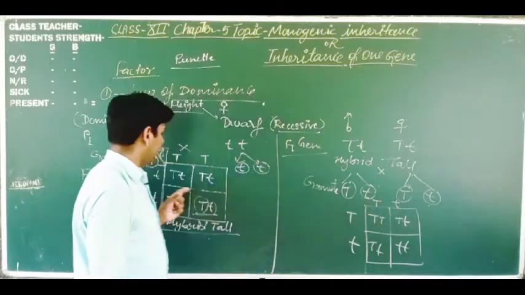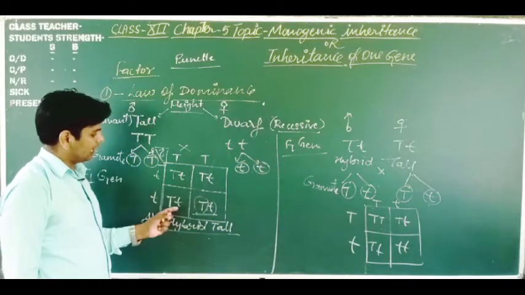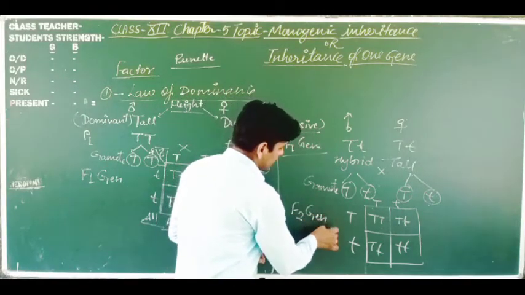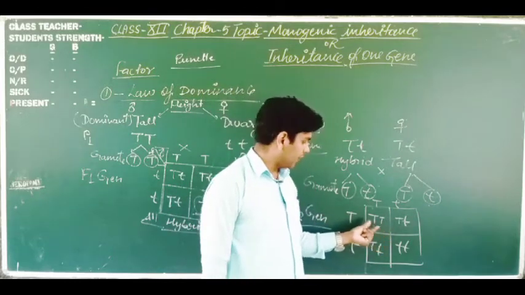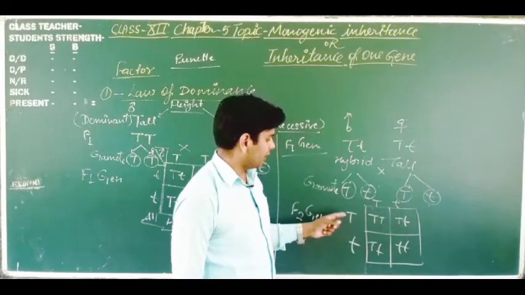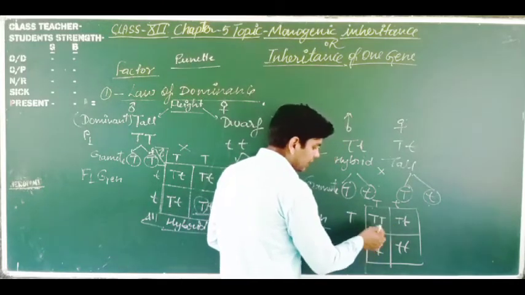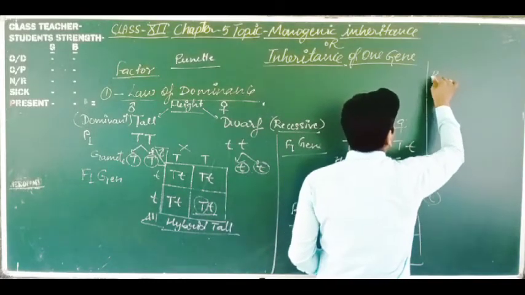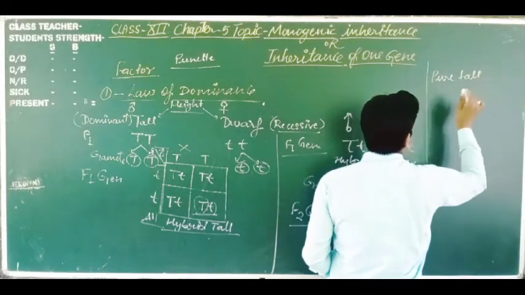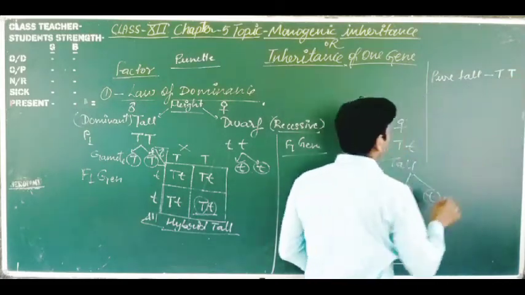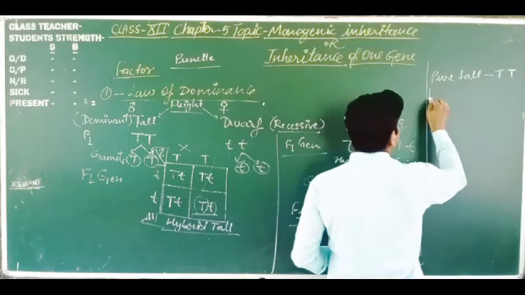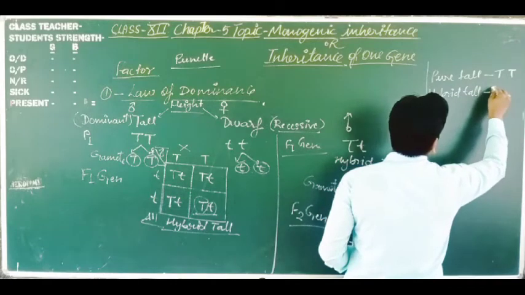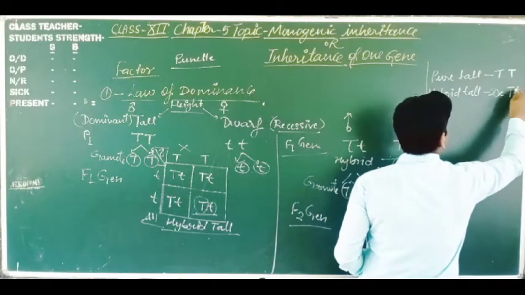This is different from the F1 generation. In the F1 generation all are hybrid tall, but in the F2 generation the combination of alleles is different. So what is the combination? This one is pure tall, and 2 are hybrid tall, 2 multiplied by capital T, small t.